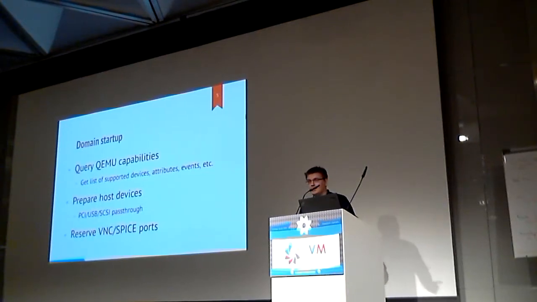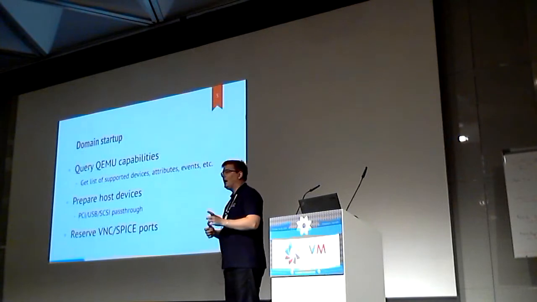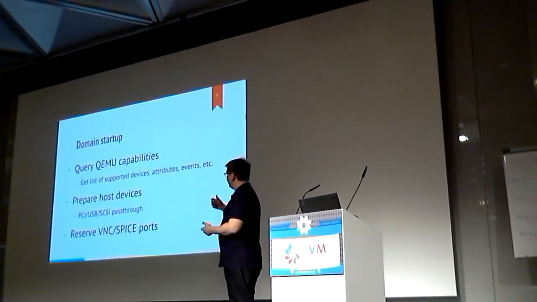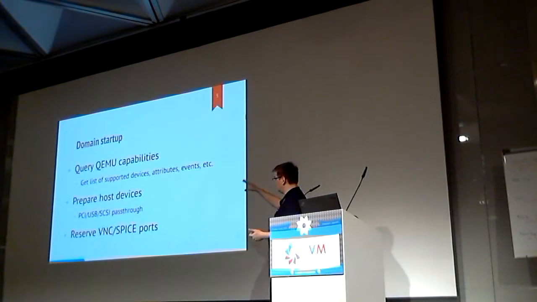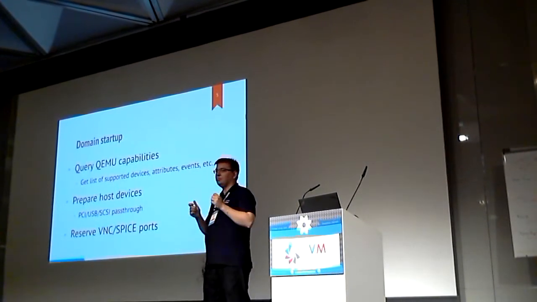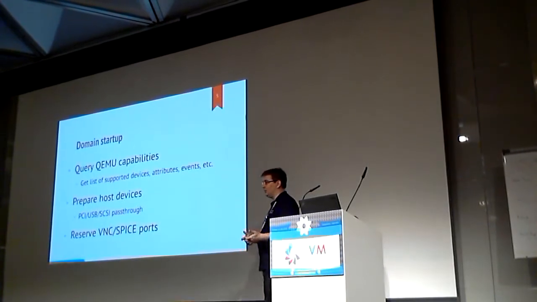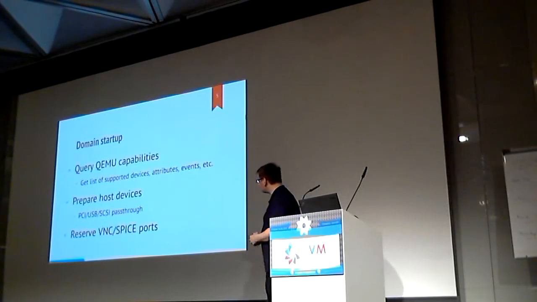And this is one of the points I would really like to stress. It's crucial for libvirt to know all this kind of stuff. So whenever you guys add a new feature, please make sure it's introspectable so libvirt can make decisions later, as we will see.